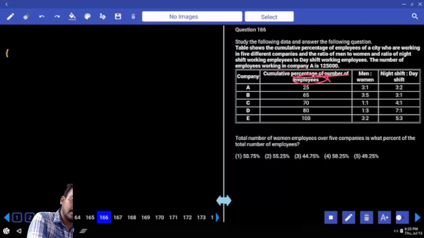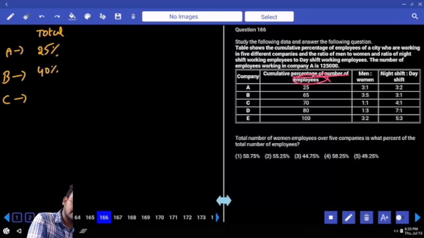What is company A's total employees? 25%. Next, company B, 40%. Next, company C, 5%. Company D, 10%. Next, company E, 20%.